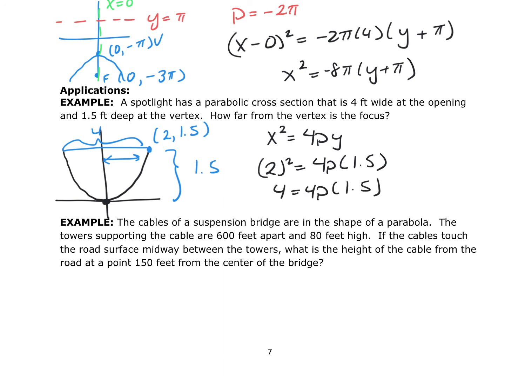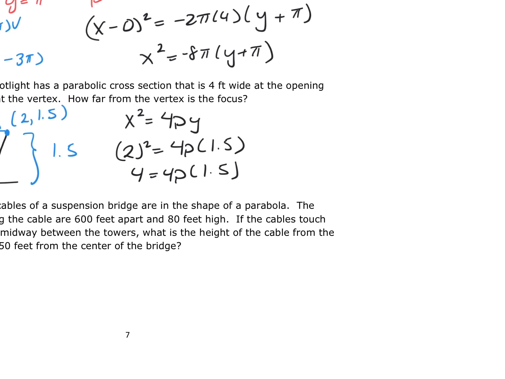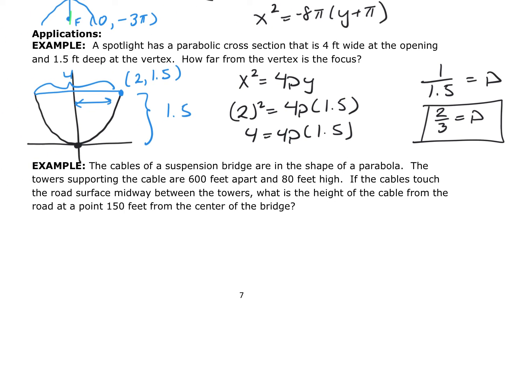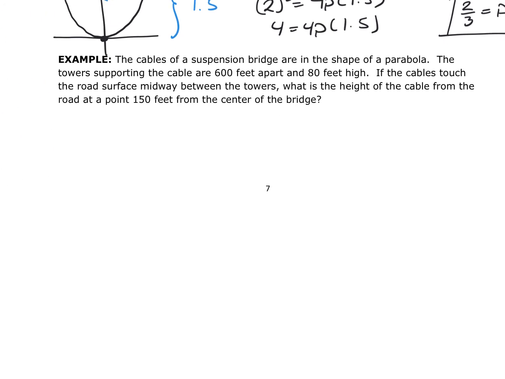And you're thinking, why didn't I multiply that? Well, because when I divide both sides by it, I'm going to get 1 over 1.5 is equal to p. Of course, we cannot leave this as a decimal within a fraction. Because it's 1.5, so it'd be 3 over 2, this is 2 over 3 is equal to p. So it's 2/3 of a foot. And that's it. Let's take a look at the next one.